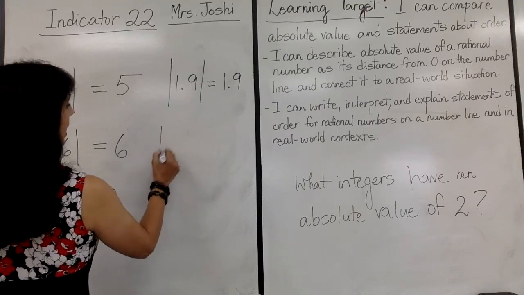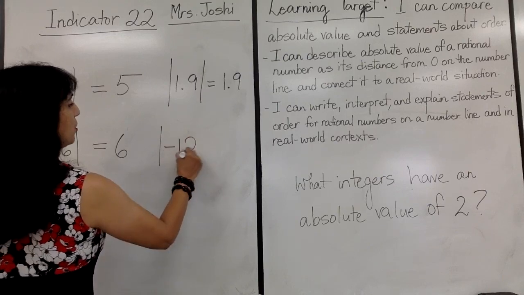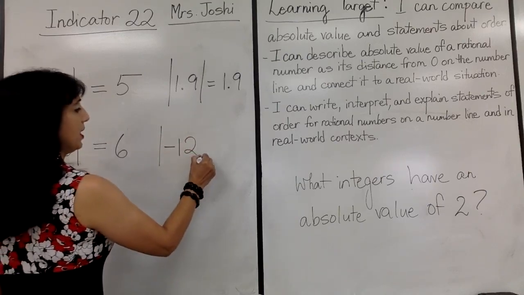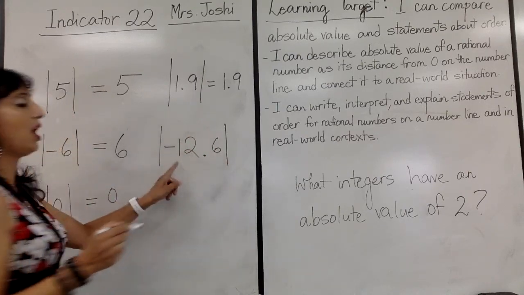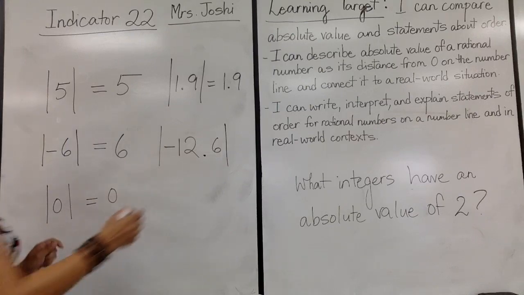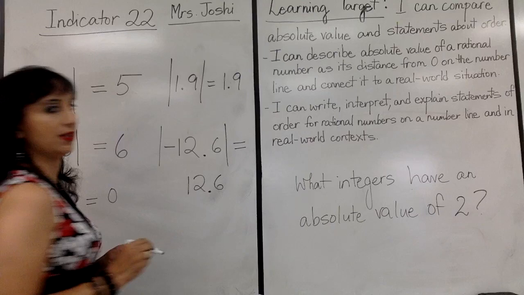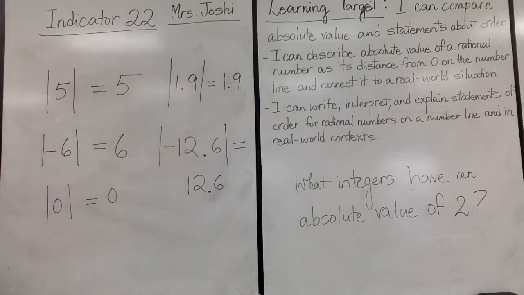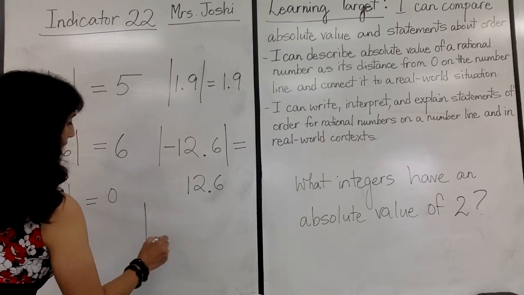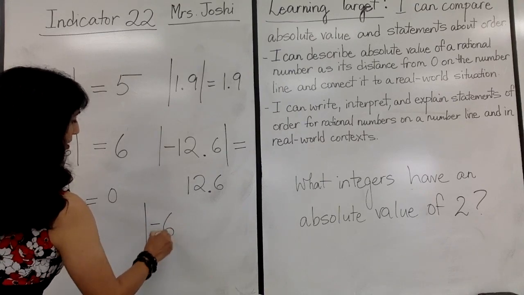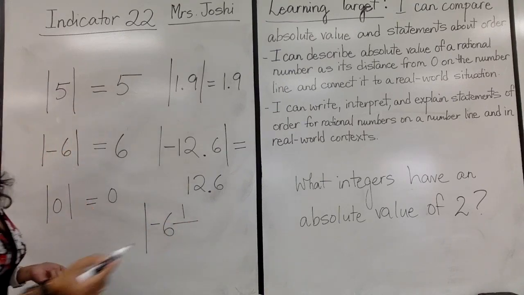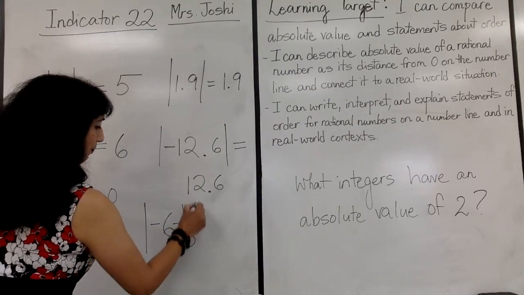If I say what is the absolute value of negative 12 and 6/10, it's asking how far is this number from 0? The distance is 12 and 6/10. Same thing, even if I have a fractional thing, what is the absolute value of negative 6 and 1/3?